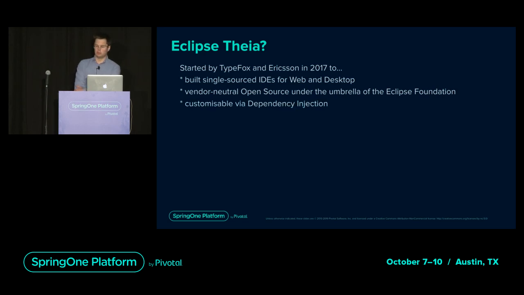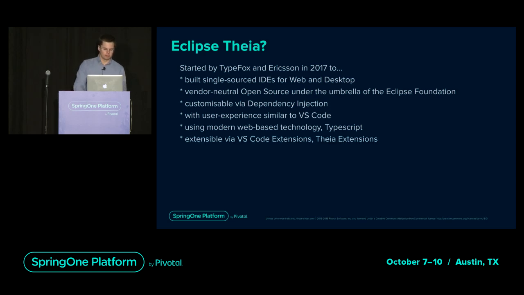And we wanted it to be customizable, not just extendable like VS Code, but also customizable, like custom branding and so on. But of course, with the nice user experience of VS Code using modern web technology for UI and TypeScript as a super nice programming language, and still be extensible with VS Code extensions and Theia extensions.